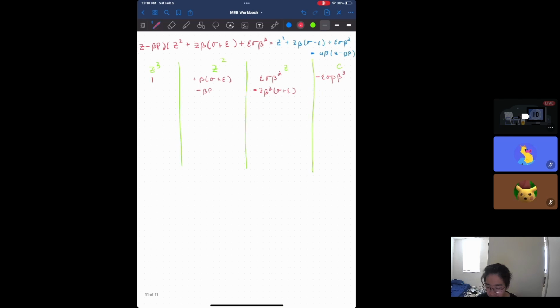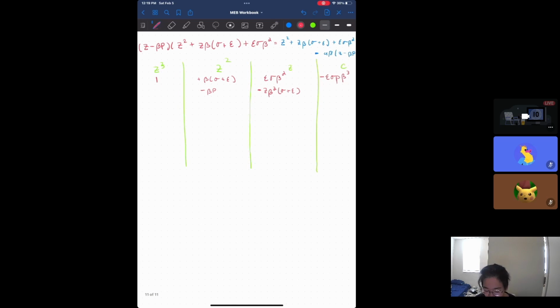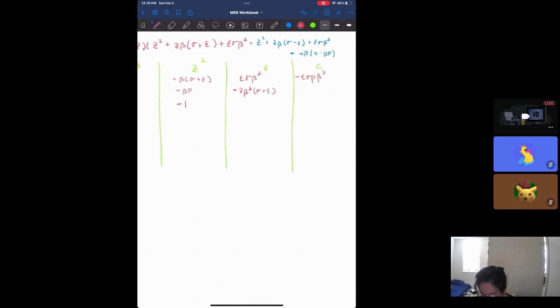Moving on to the right, we have a z squared. Oh, sorry, not zeta, z squared. But it's on the right-hand side, and we want to get to the left-hand side. Therefore, it's actually -1. Okay? Then, z times beta times sigma.